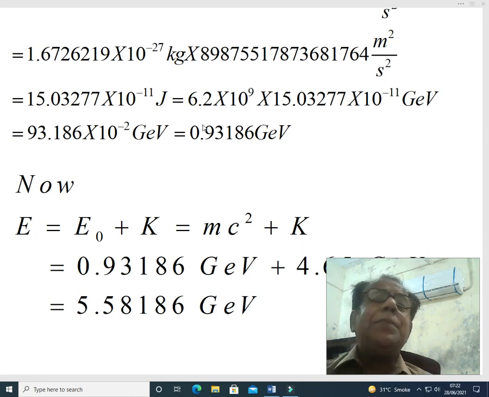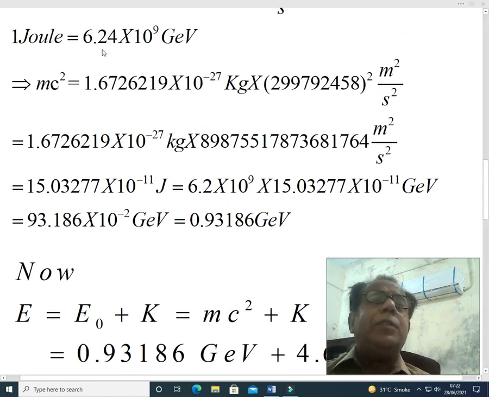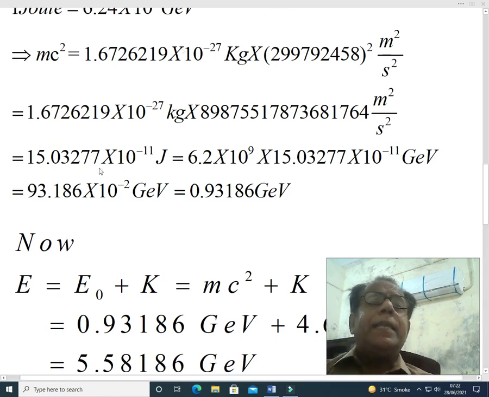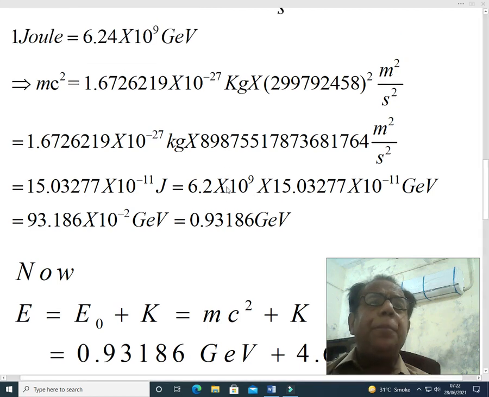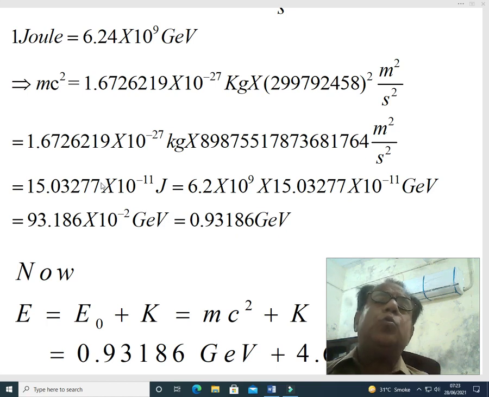Now, as we have said earlier, 1 joule is equal to 6.24 into 10 raised to the power 9 giga electron volt. So this, that is 15.03277 into 10 raised to the minus 11 joule, will be multiplied by that value 6.2. We have not taken 4, we have taken only 6.2, into this value, which is to be converted into giga electron volt.